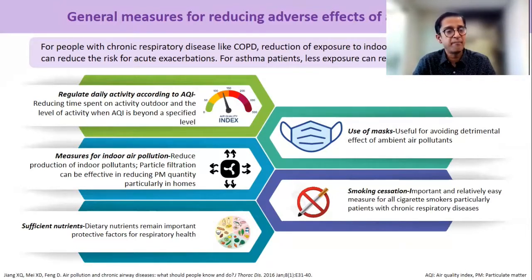Use of masks has become much more acceptable now with the COVID-19 pandemic, and maybe this should continue, especially where there's a worry about ambient air pollutants being at a high level. And it's never not to say something about smoking cessation. That's something that we need to mention every time we add to the injury. Smoking cessation is something that you can do.